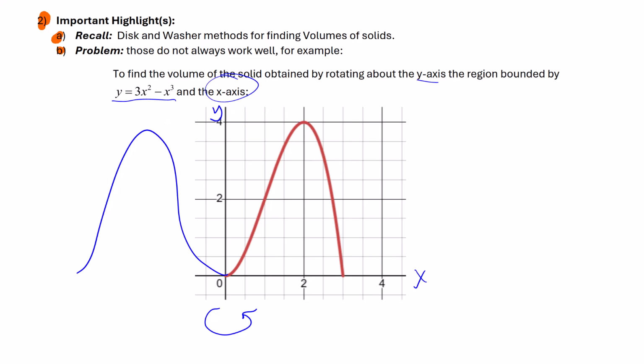And when you do that, it would need washers, if we think back to what we were doing previously. So let me draw in a washer cross section on this region.